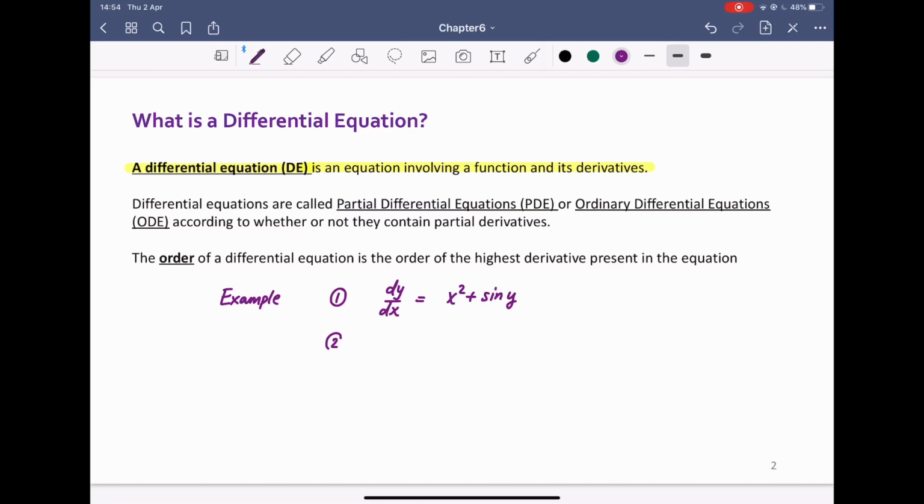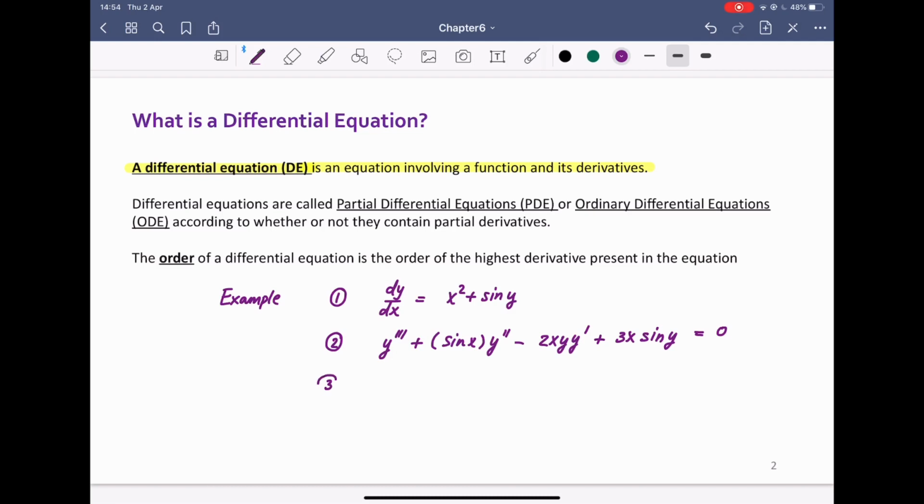Another example, maybe you have y triple prime plus sine x times y double prime minus 2xy prime plus 3x sine y equal to 0. This is also called a differential equation because it shows you a relationship between x, y, y prime, y double prime, and y triple prime.